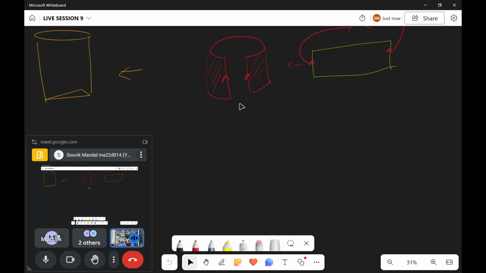This method is known as the cutting and pasting technique. We'll see these things later.